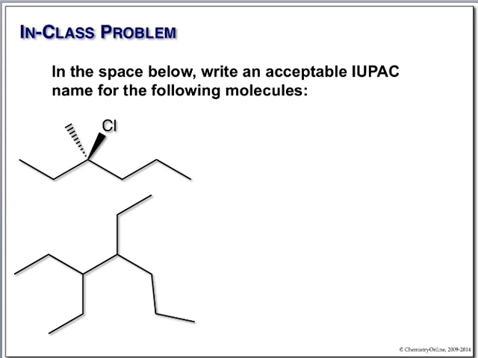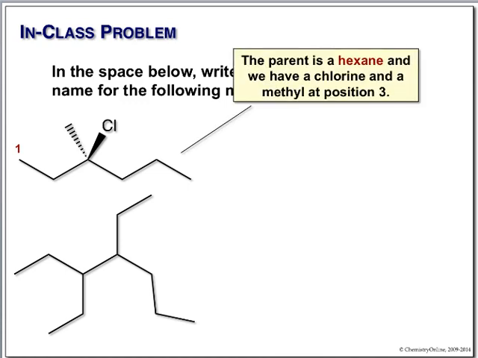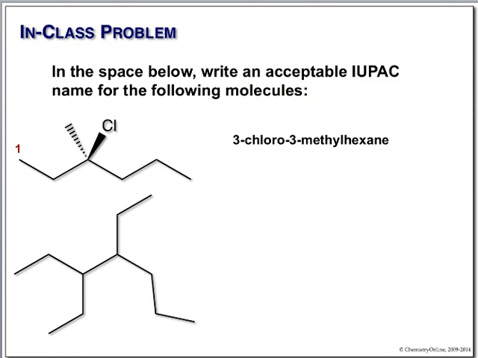Looks to me like we're going to have a long chain alkane with a chlorine and a methyl group. We want to number the thing starting down here, so our number is 3 instead of 4. And we simply have a chlorine and a methyl at carbon number 3. Our parent is a hexane, 3-chloro, 3-methyl hexane.